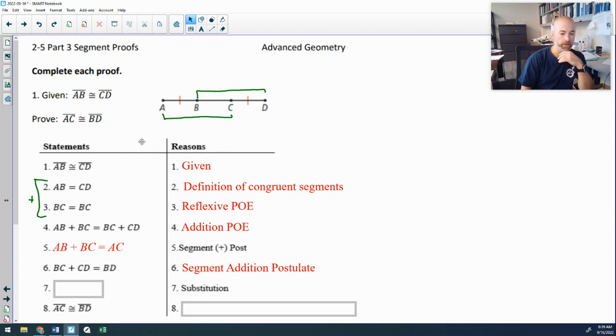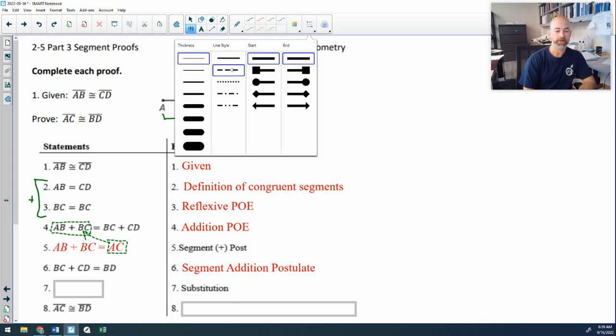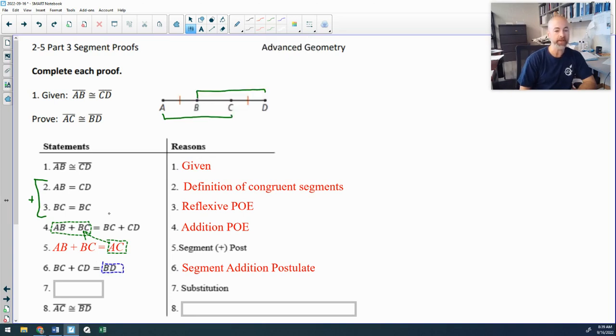And right now, I can do some substitution. If I know that AC is equal to AB plus BC, if those are equal, then I can take this AC and I can plug it in the place of AB plus BC right here in step 4. And then right here, I have BC plus CD is BD. Well, if BD is equal to this, then I can take BD and I can put it in the place of BC plus CD right here.